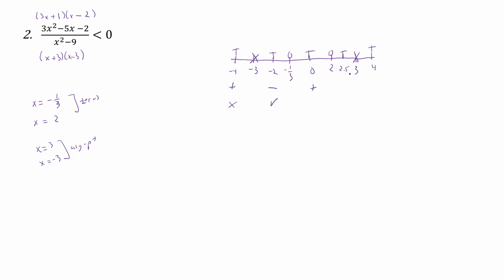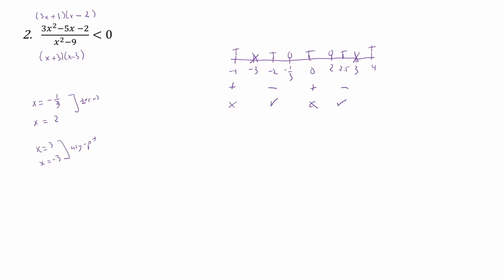How about a 2.5? So we plug in 2.5, and that gives us a negative at that point. And so this is a no, this is a yes. And then if we plug in our 4, then we get our last piece of this one.